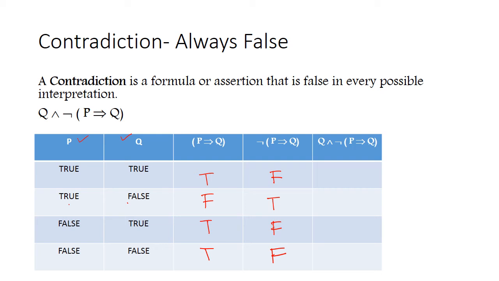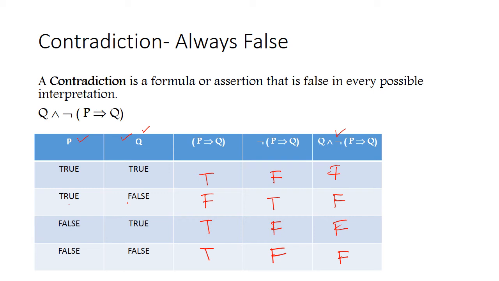Then the conjunction of these two columns gives false, false, false, false. So you can see in this column we have all false values, that is, under no interpretation of P and Q can this formula be true.